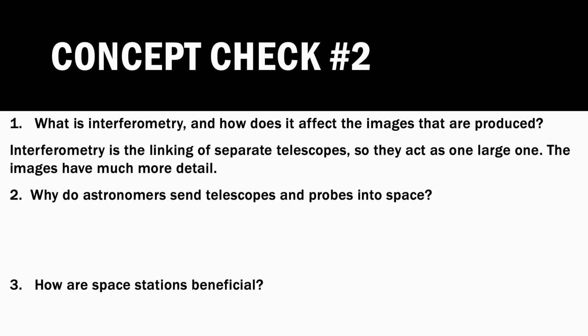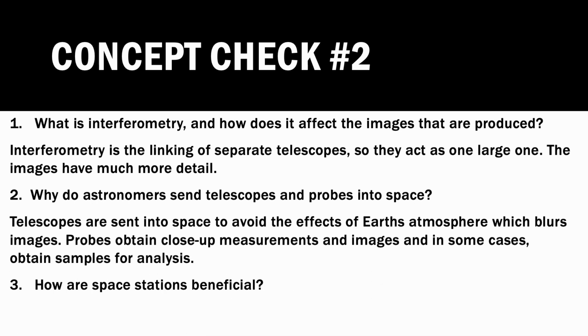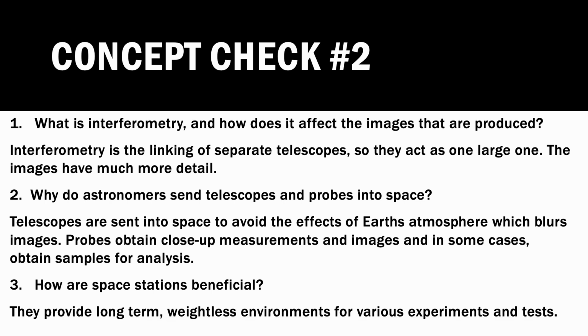Why do astronomers send telescopes and probes into space? Telescopes are sent into space to avoid effects of Earth's atmosphere, which blurs images. Probes obtain close-up measurements and images, and in some cases, obtain samples for analysis. Question 3. How are space stations beneficial? They provide long-term, weightless environments for various experiments and tests.